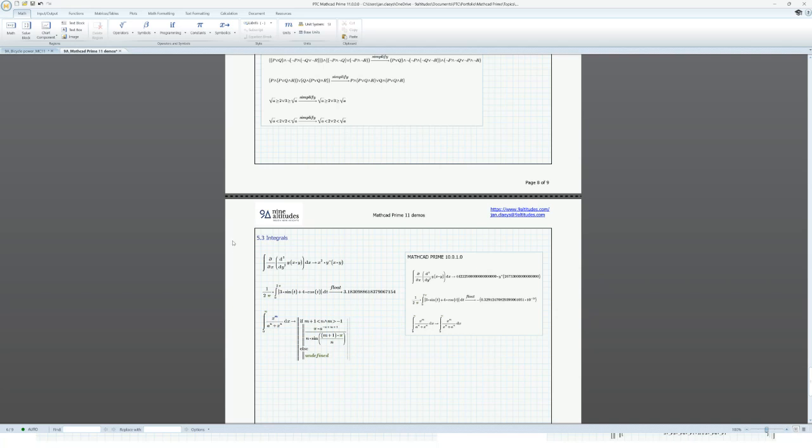And the last example shows the improved, let's say, reporting capabilities of the symbolic solver. So I think that's a good thing for everyone who is involved with symbolic calculations.